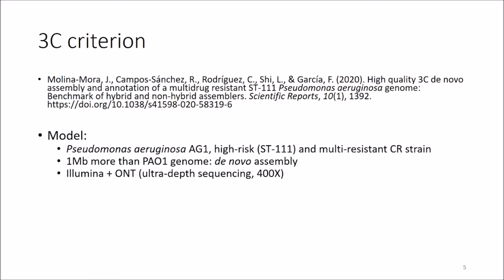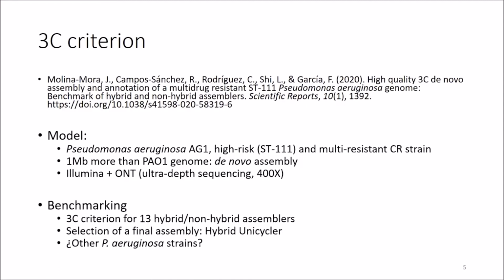In this way, a de novo assembly was preferred, and we used sequencing with Illumina for short reads and Oxford Nanopore for long reads. And then we benchmarked 13 different approaches, hybrid and non-hybrid, and the final selection was done using the 3C criterion, and the winner was hybrid Unicycler.